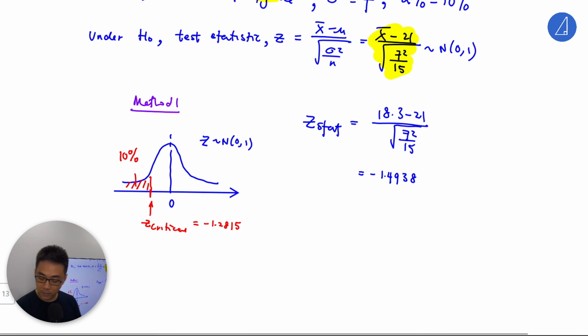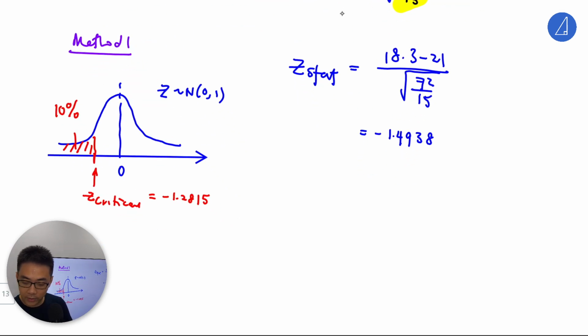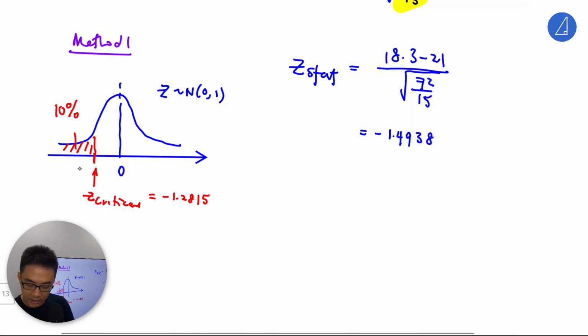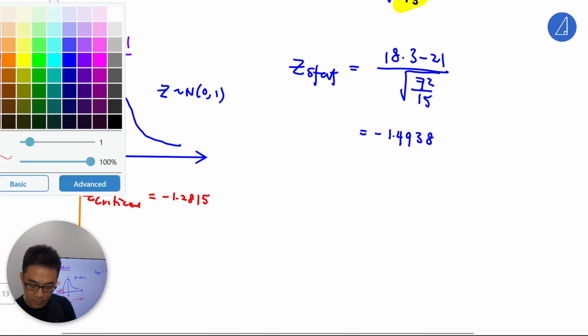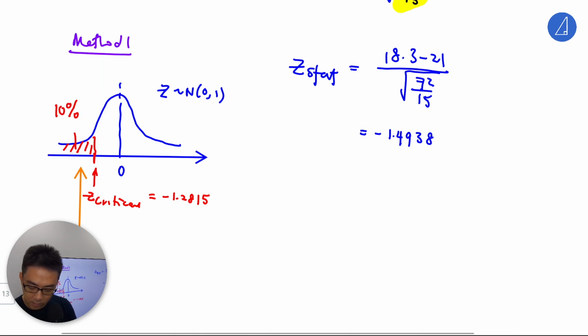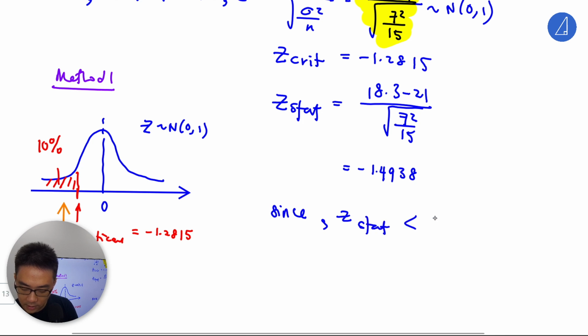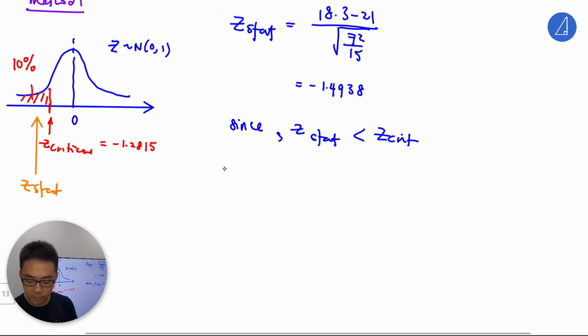So this Z stat is obviously here, inside the rejection region. Let me write it down. Z critical is negative 1.28. So since Z stat is less than Z critical, which is in the rejection zone, reject H naught.